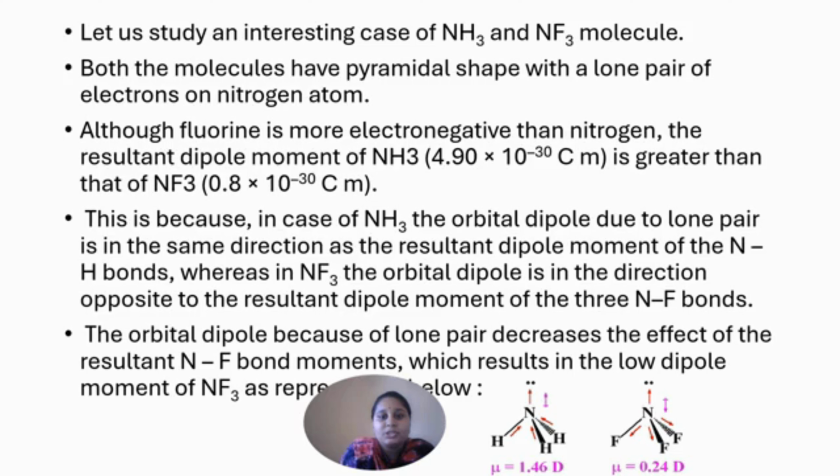With the help of the VSEPR theory, we can divide molecules into two categories: molecules in which the central atom has no lone pair, and molecules in which the central atom has one or more lone pairs. The VSEPR theory is able to predict the geometry of a large number of molecules, especially the compounds of p-block elements, very accurately.